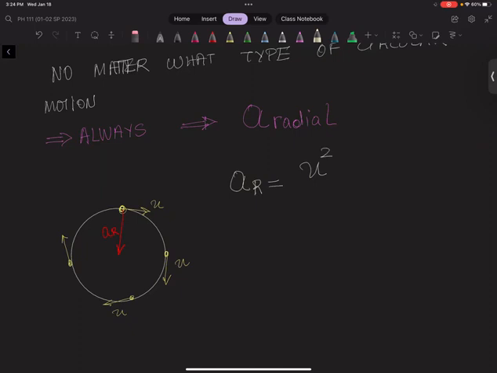Well, if it's uniform, then it's the same, u divided by the radius r. Substituting for u equals omega r, we get that the radial acceleration is also equal to omega squared times r.